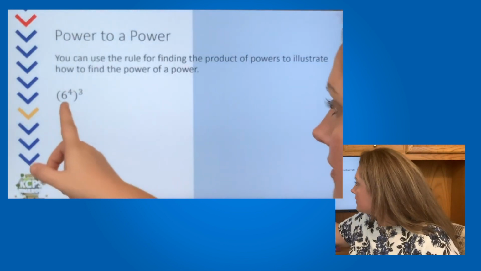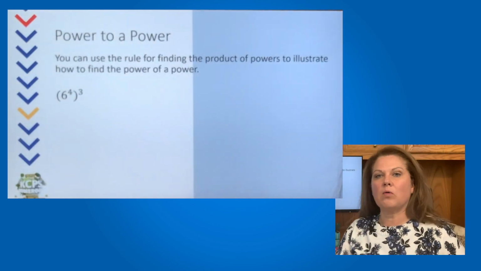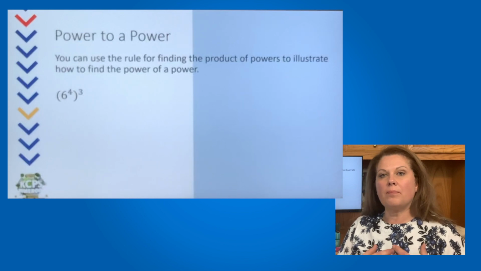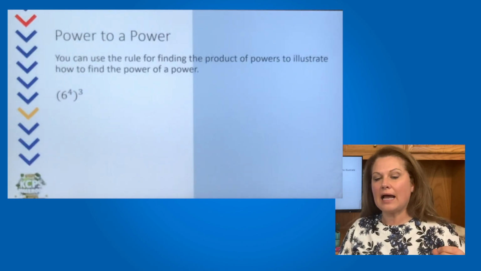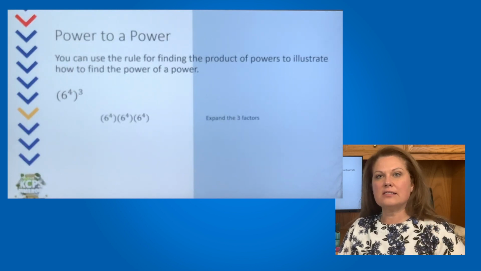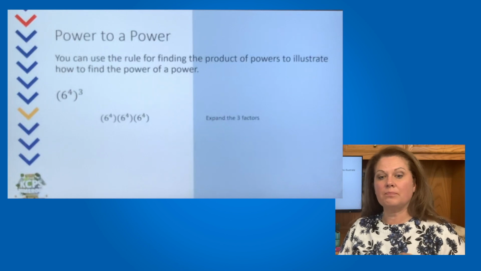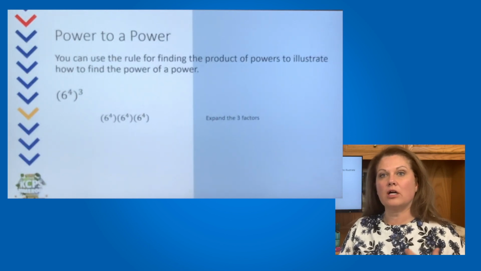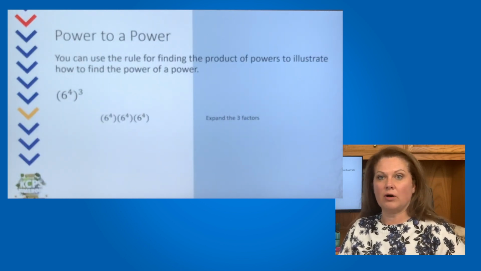That tells us that our 6^4 is actually working as a base. And our product of powers says we can expand that out, and it looks like this: 6^4 times 6^4 times 6^4.